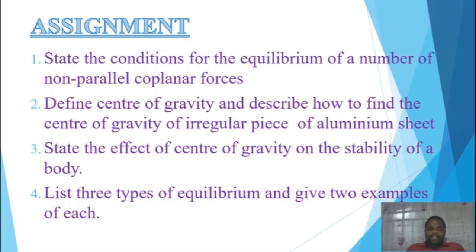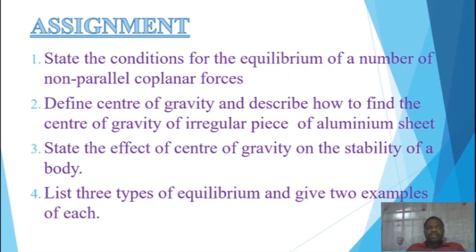And we say that for a body acted upon by several forces that are coplanar and parallel to be in equilibrium, the algebraic sum of all the forces about any point will be 0.